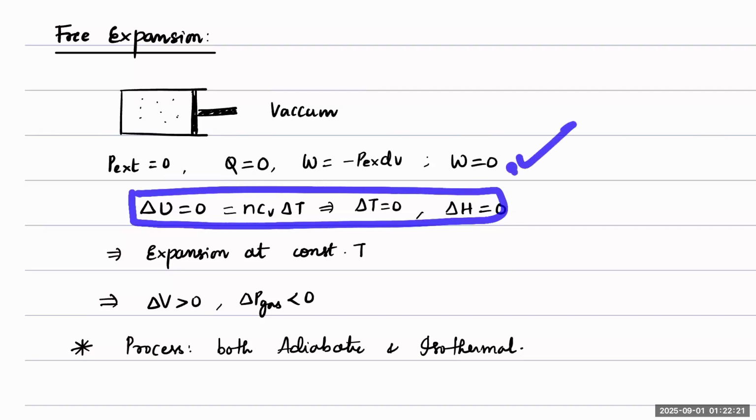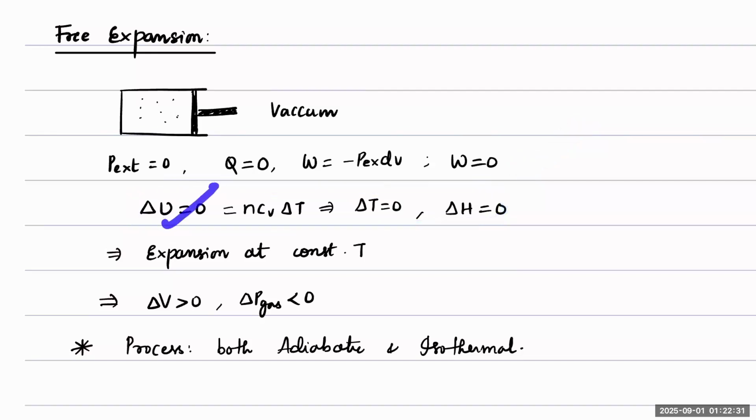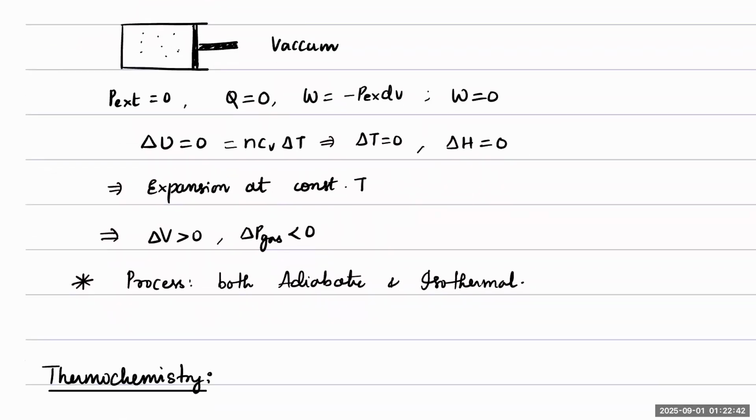Now this is subject to only ideal gas, remember. Whether it is ideal or anything, as long as we have vacuum outside, Q and W being zero is always valid. But delta U equal to 0, delta T being 0, delta H being 0, this is only for ideal gas. Next, since it is an expansion happening at a constant temperature, I can say this is an isothermal process.